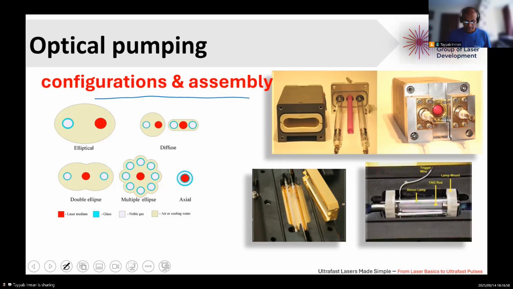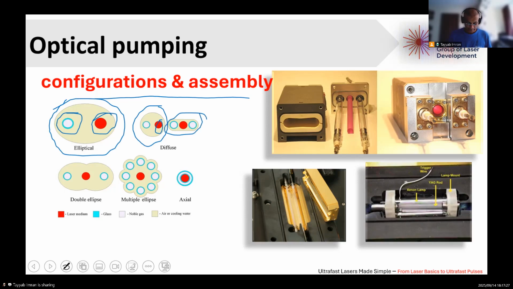Here, this is a closed elliptical arrangement, and here you have a laser medium, which is a YAG rod, and here you have the flash lamp. Similarly, here is a circular arrangement, this is a line arrangement kind of, this is multiple ellipse, this one is double ellipse, and this one is axial type.